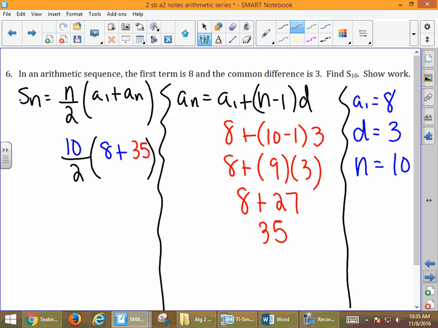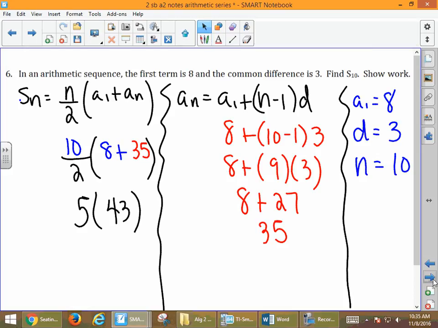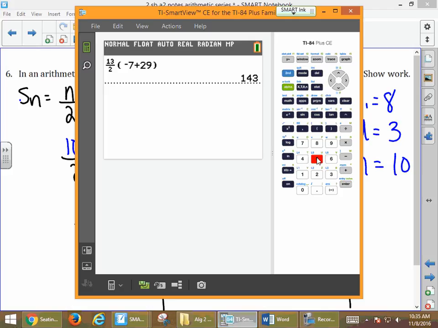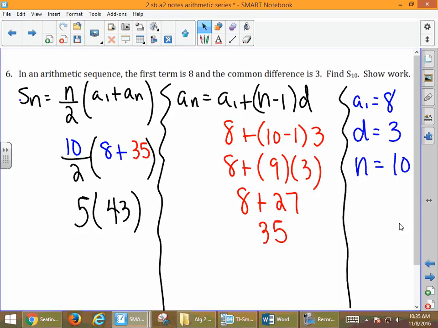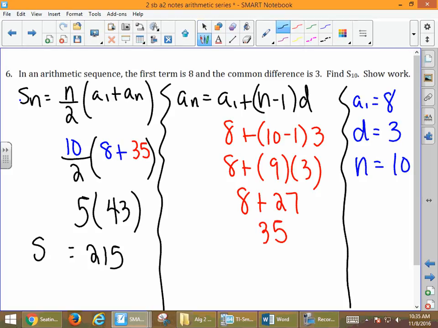And maybe it's easier for some of you, 10 divided by 2 is 5, and 8 plus 35 is 43. That's a little bit easier to type in, especially if you don't have your graphing calculator with you today. Because some of you are using your phone calculator, and that's fine. But it's easier to type that in, so we get 215 for our sum of the first 10 numbers.